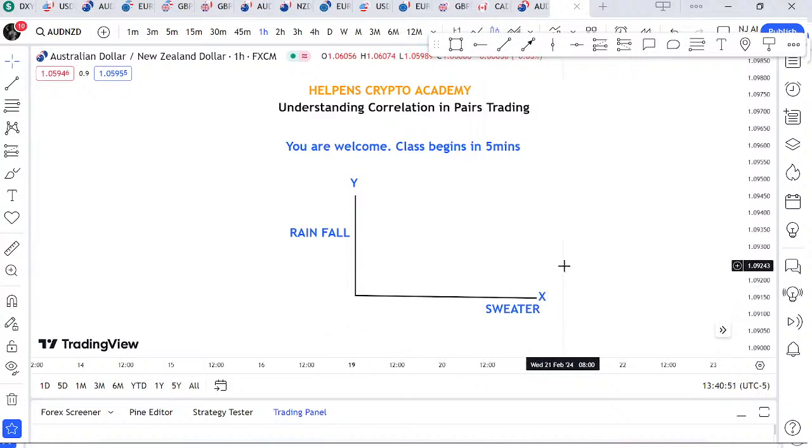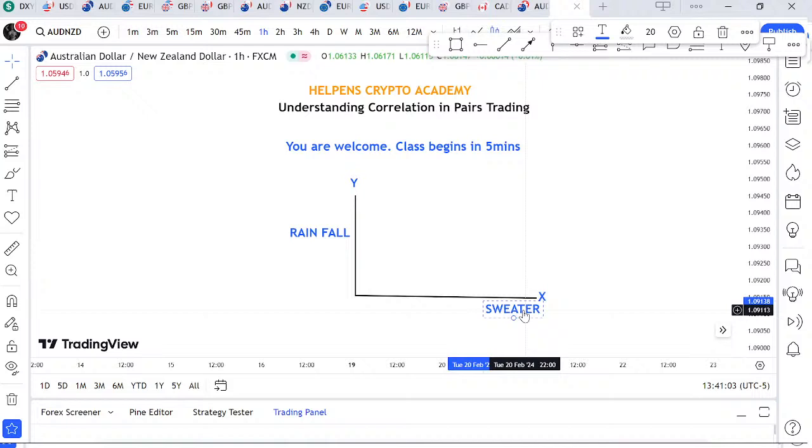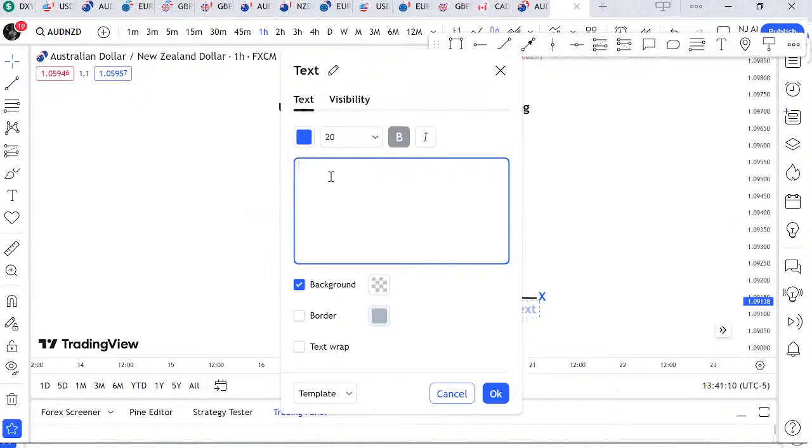I'm plotting the amount of rainfall in a particular month against the number of people that bought raincoats.